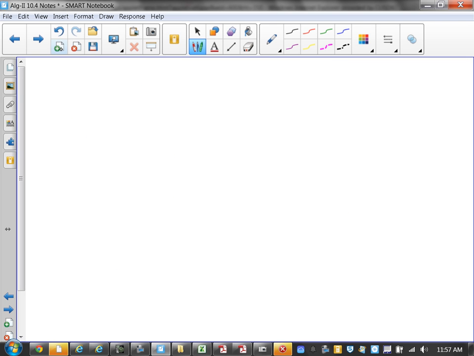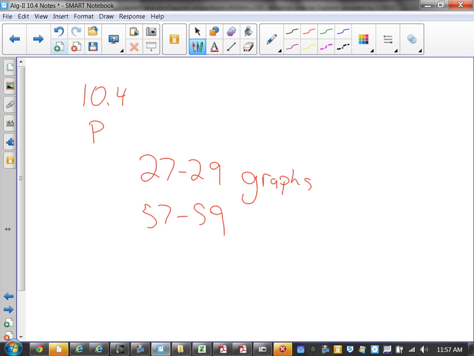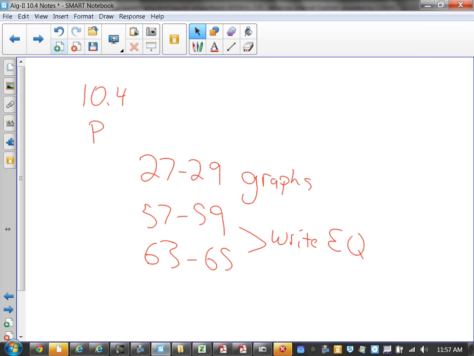So let's do these. This is section 10.4. I forgot what page number it was, but I'll tell you in a second. I want you to do numbers 27 through 29. Those are graphs. And then 57 through 59, 63 through 65. Those are writing the equations. You don't have to graph them, but I will suggest that you rough sketch the values they give you to help identify parts.